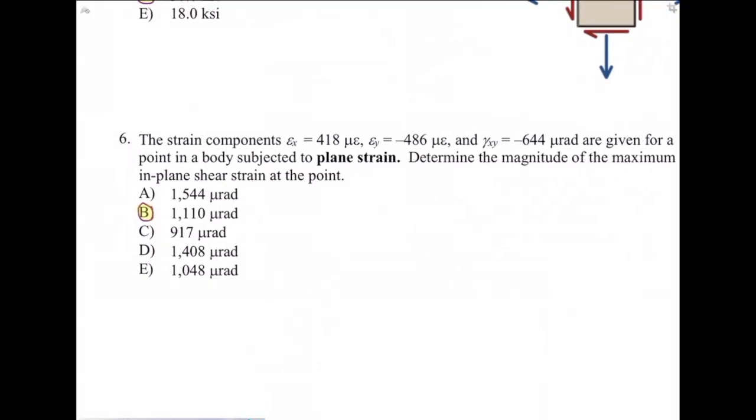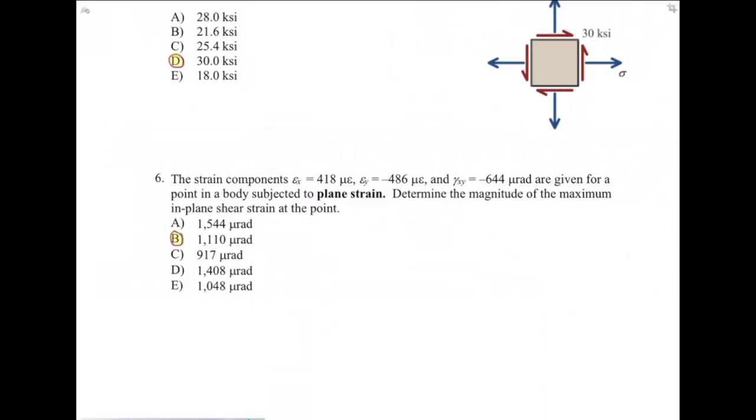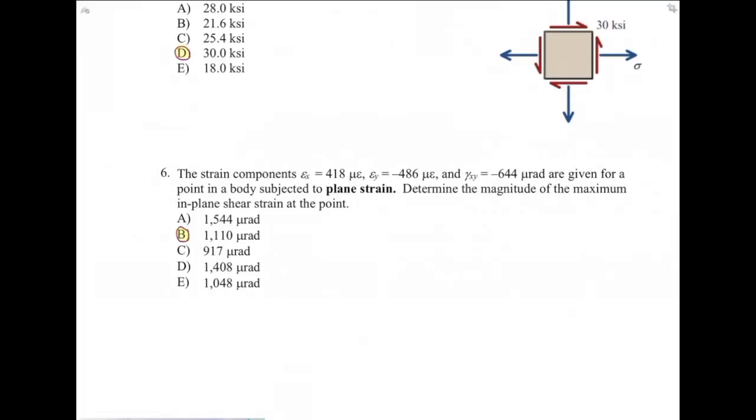Question number 6. The strain components epsilon x, epsilon y, and gamma xy are provided. The situation is plane strain. Determine the magnitude of maximum in-plane shear strain at that point. The maximum in-plane shear strain relates to the principal strains.